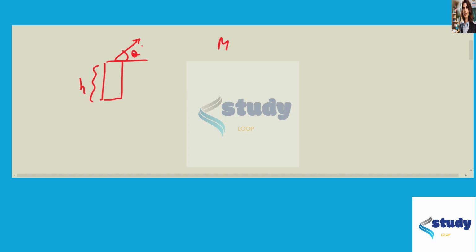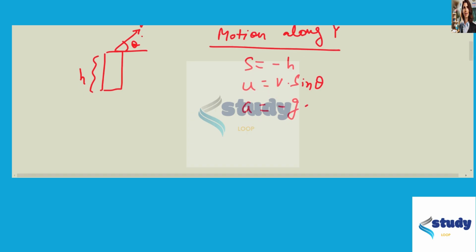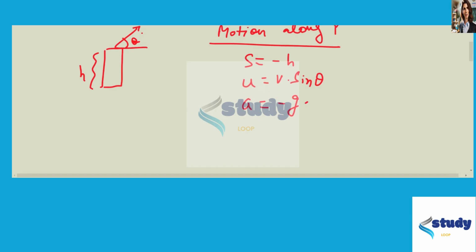Here we consider motion along y, and the displacement is minus h, initial velocity is v sine theta, and final velocity we do not have any idea. Acceleration we have minus g.